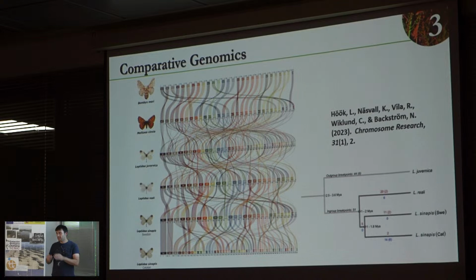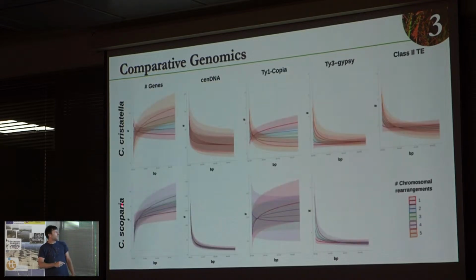They also found that the genomic signature or architecture of these fissions and fusions are areas of the genome with a very high density of repeat DNA. So if we go back to the Carex genomes, here on the x-axis we have distance from the fission and fusion point, and on the y-axis we have the density of different genomic features like genes or different repeat DNA, like centromere DNA, which is a satellite DNA, and different kinds of transposons.